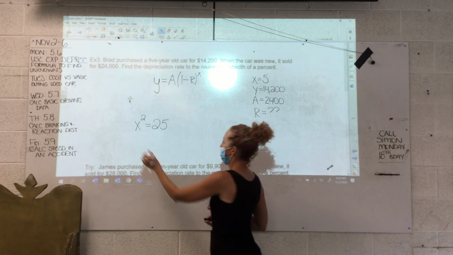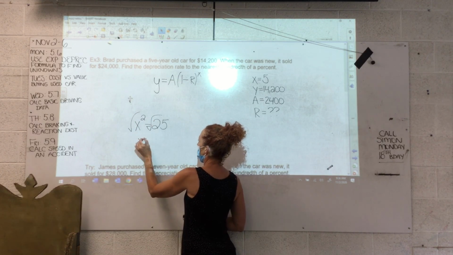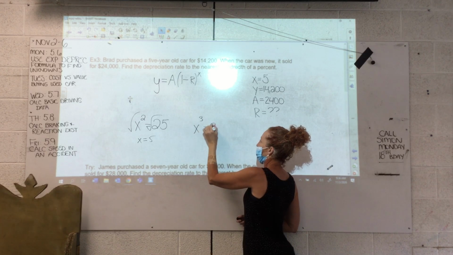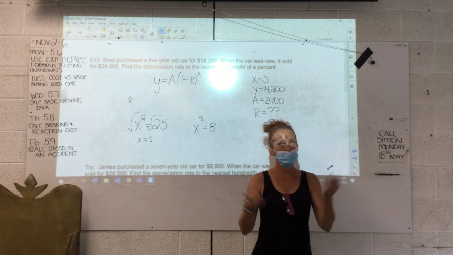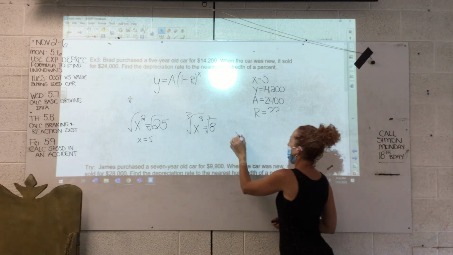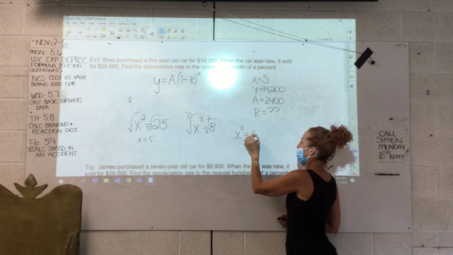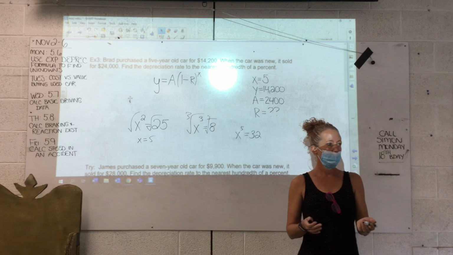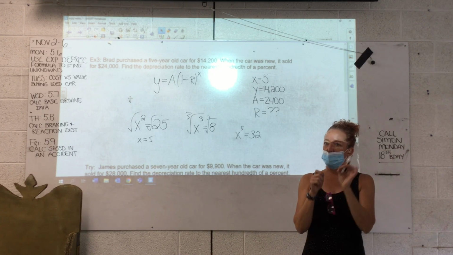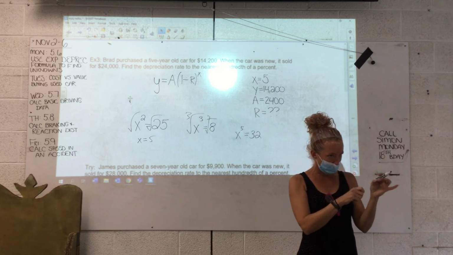Square root. What if you had something to the 3rd power? Cube root. What if you had something to the 5th power? Same idea. 5th root. Anything you take to a root undoes an exponent.